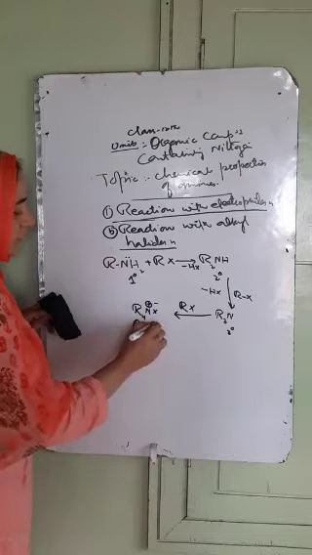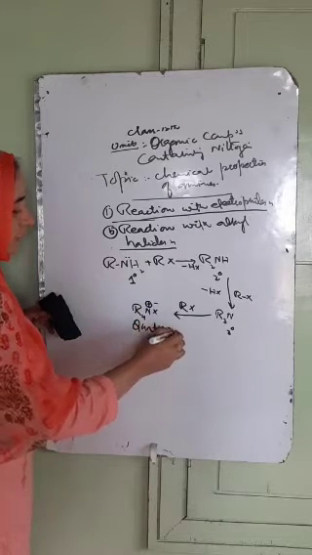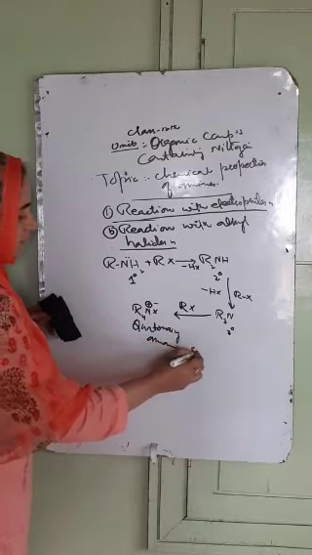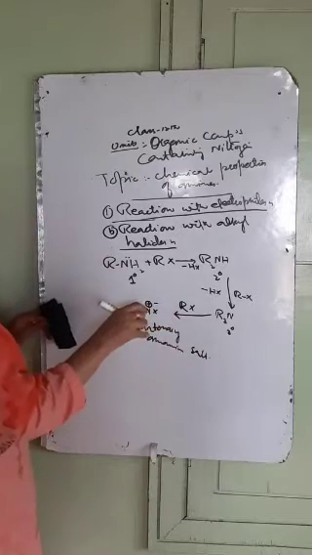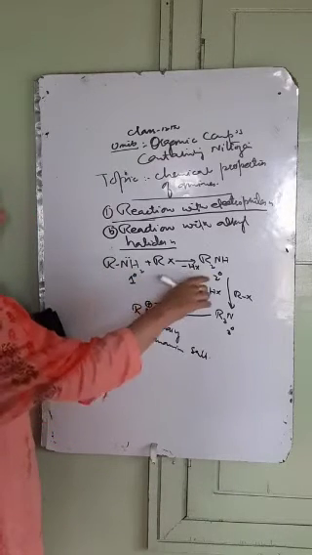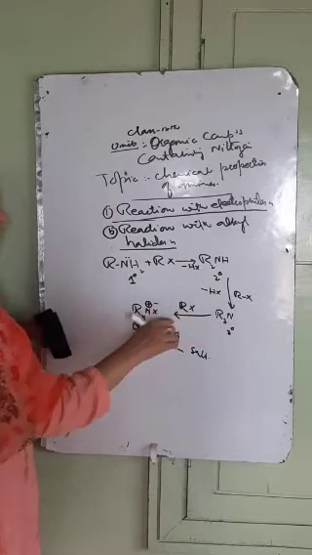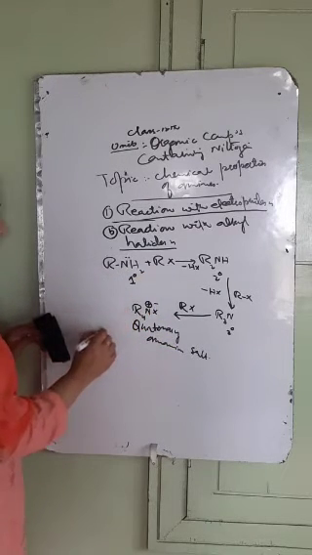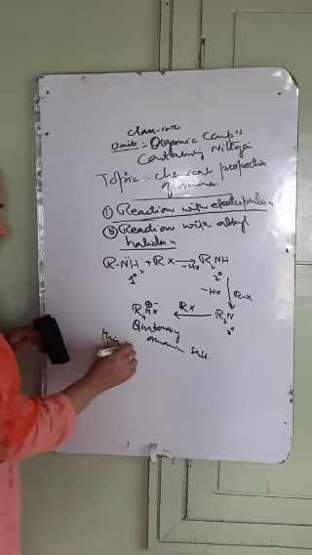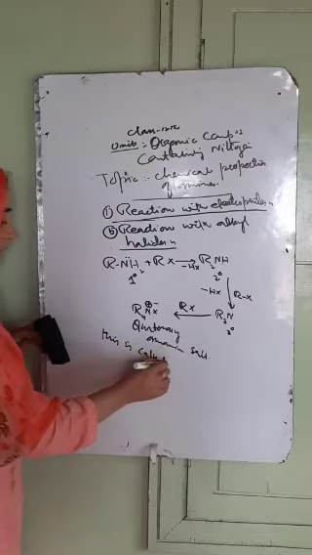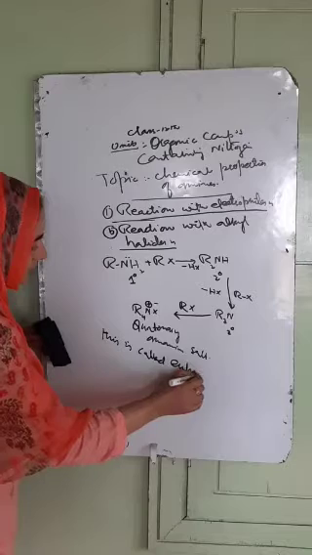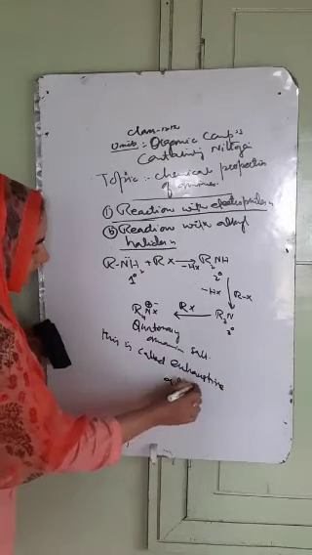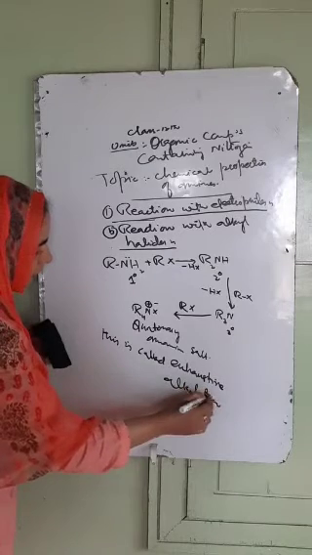Quaternary ammonium salt. Now this process of conversion of primary, secondary, tertiary amines into quaternary ammonium salts by the action of excess of alkyl halide, this is called exhaustive alkylation reaction.